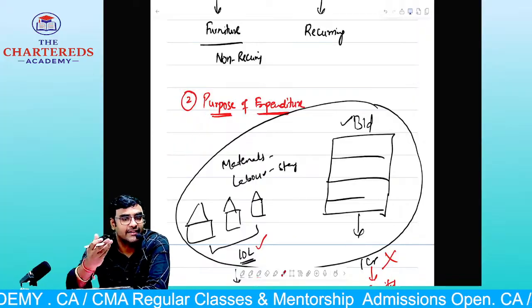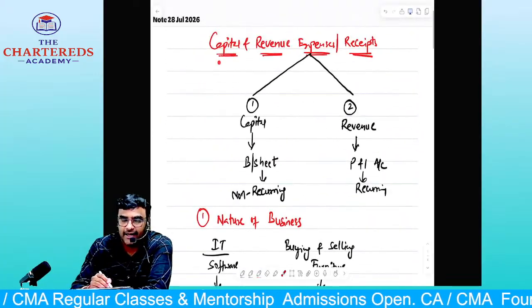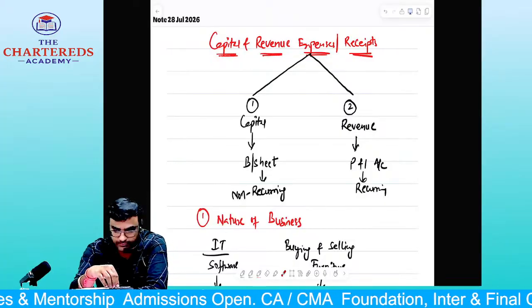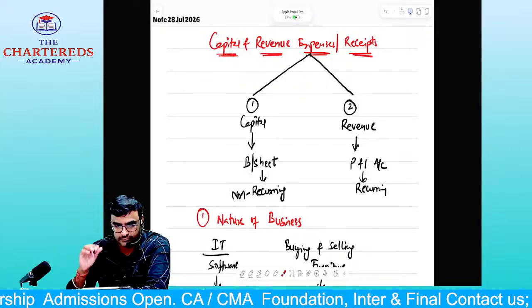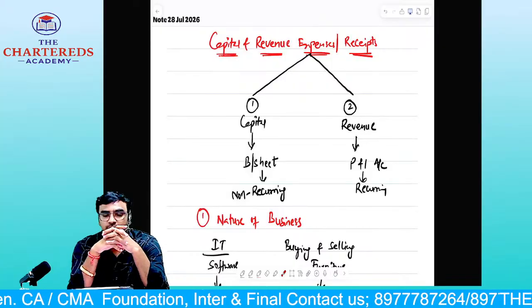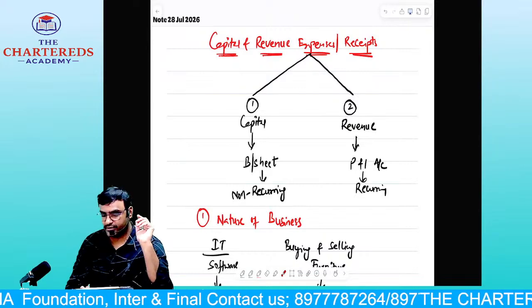Clear? Take the link. Capital and revenue expenses, slash receipts.